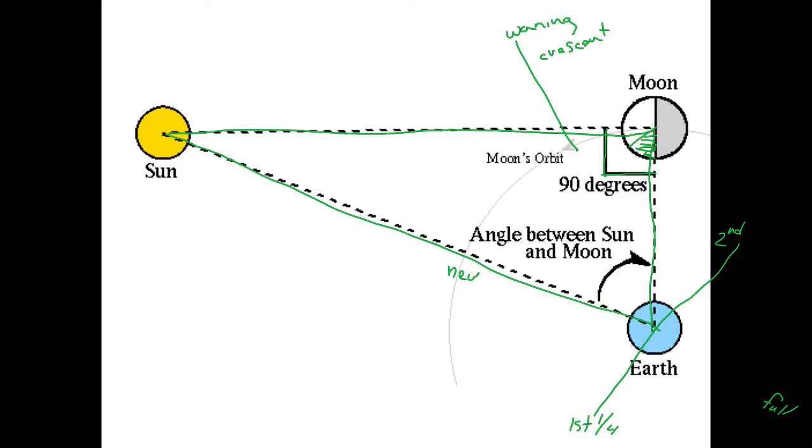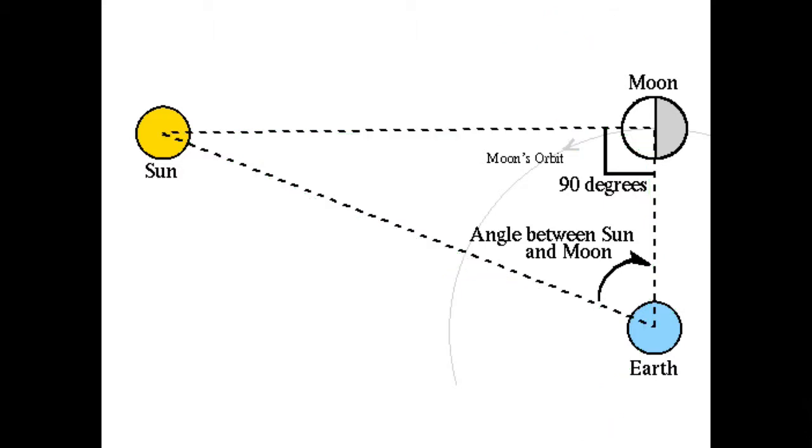And right triangles are great because if you know an angle and a side, you can figure out the hypotenuse of that triangle. So if we could measure on the sky between the sun and the moon that angle, then once you knew the distance between the Earth and the moon, you could determine the distance between the sun and the Earth.